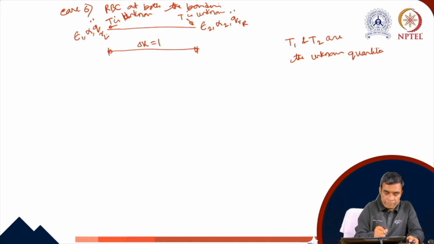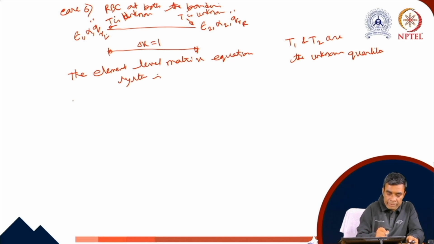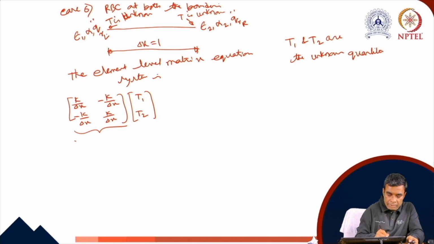The element level matrix equation system is k/Δx, -k/Δx, -k/Δx, k/Δx, times T1, T2. This is the contribution from the conduction term or the diffusion term.